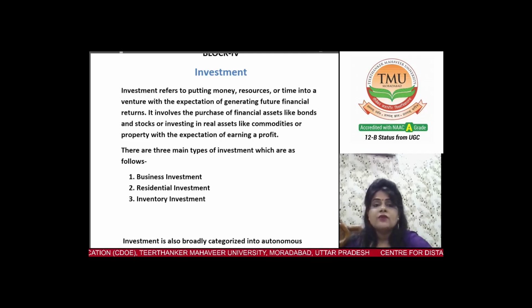Now we discuss inventory investment. The difference between goods produced, that is production, and goods sold, that is sales, in a given period is called inventory investment.